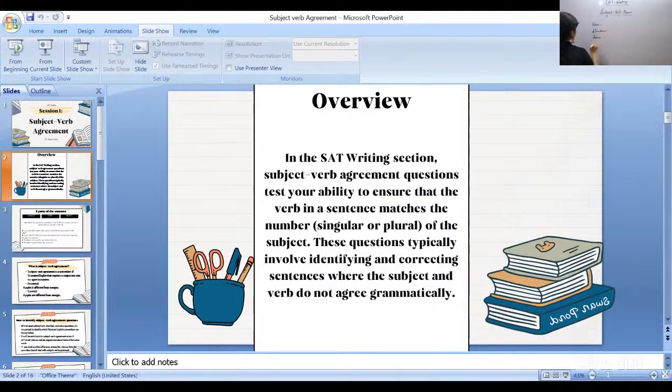So what do you understand by form? If I say what is the form of the sentence? So the form of the sentence can be, is the sentence in a singular form or a plural form? Okay. The structure, again, if I'm dealing with structure, it would be either active or passive.